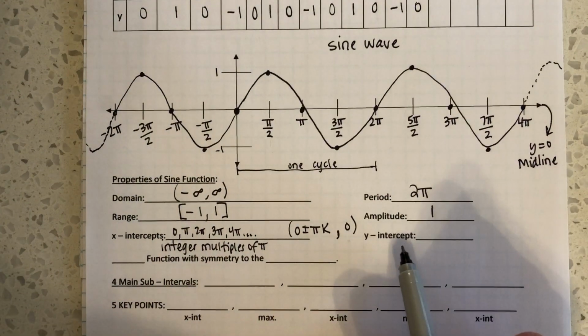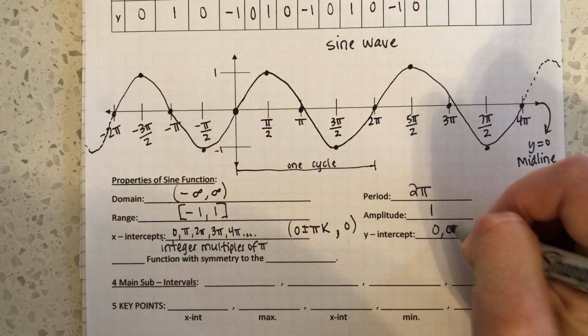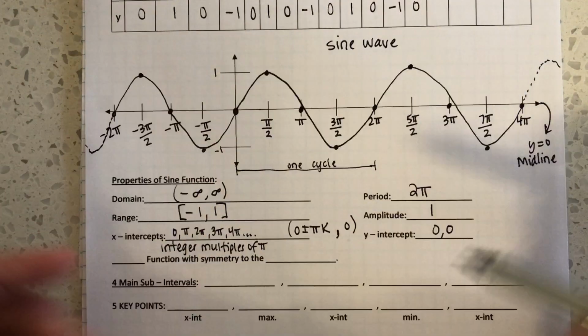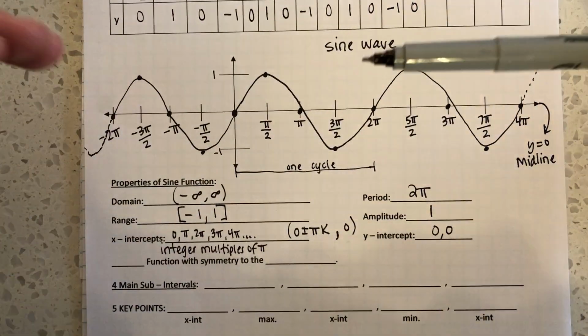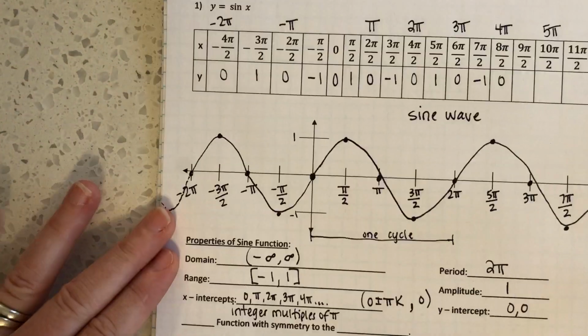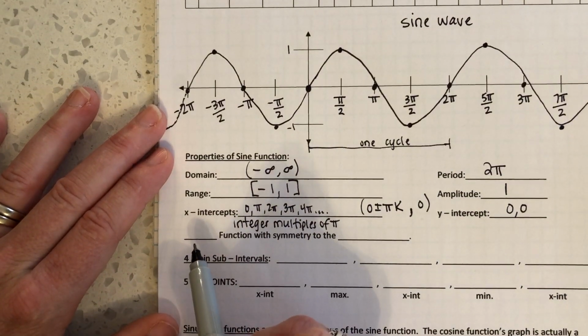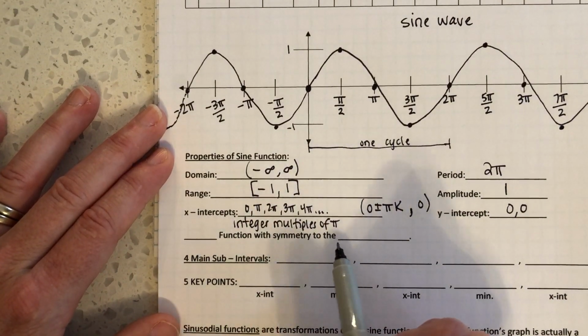All right, and then the y-intercept is right there at 0, 0. Okay, this is all information about the original sine graph before you've transformed it, okay? Well, if you remember, we said that the sine function is an odd function with symmetry to the origin, right?